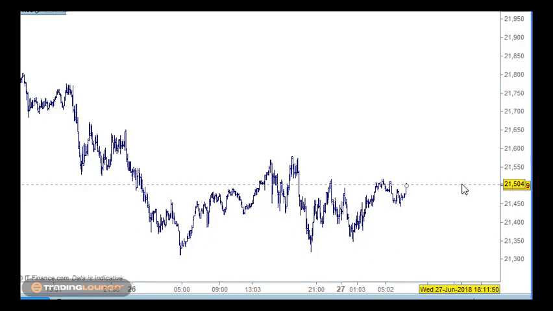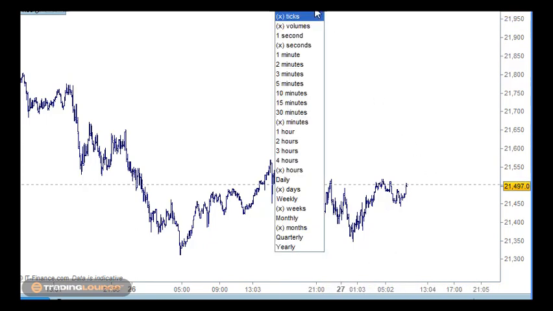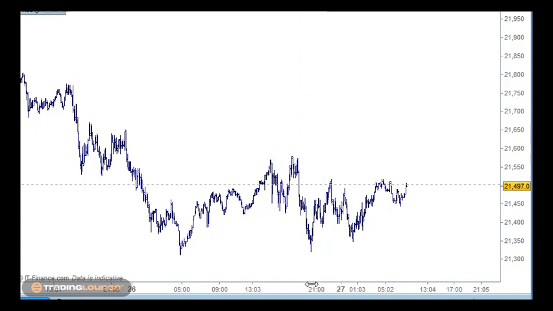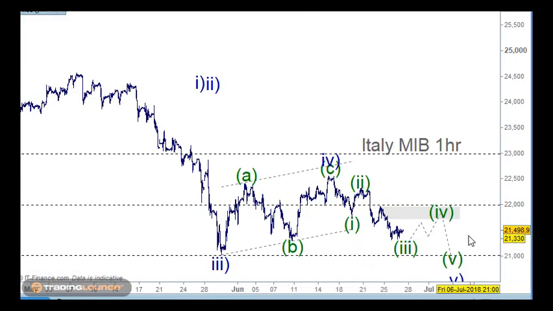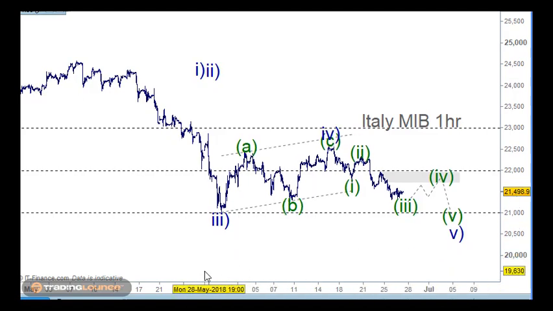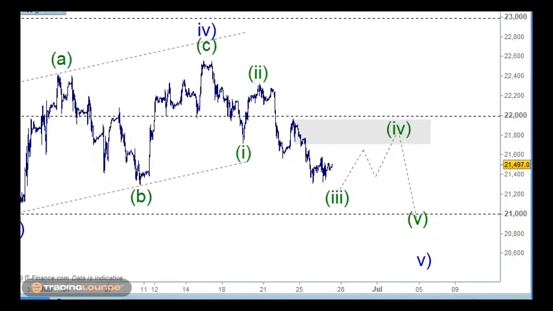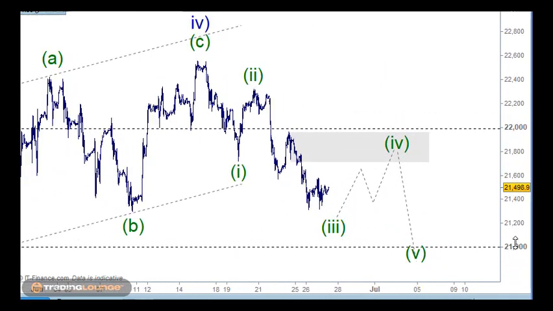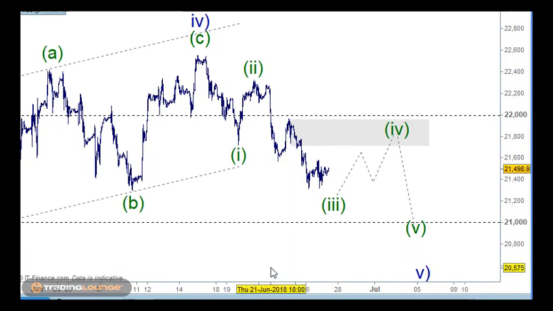If it finds a nice support on top of that, then we can assume that wave 4 is starting, okay? But we're still one wave short within all of this here on this 1 hour chart. So we're not done here just yet.